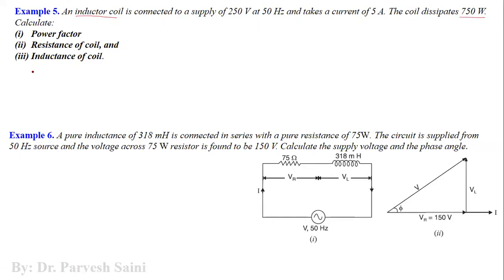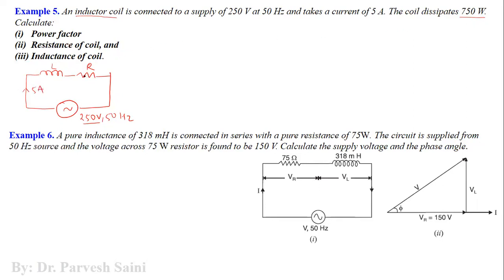So that indicates that this is an RL circuit basically, which is connected to a 250 volt source. This 250 volt is basically the RMS value, and the current is 5 ampere. This is also the RMS value of the supply.